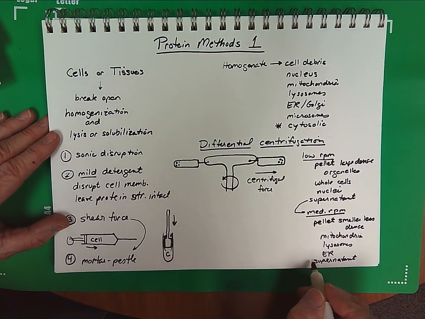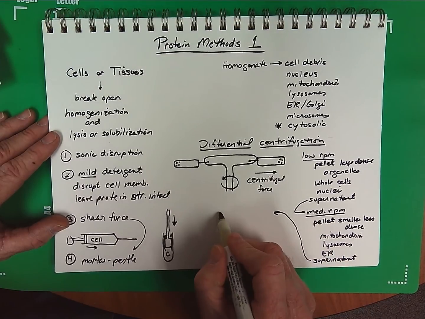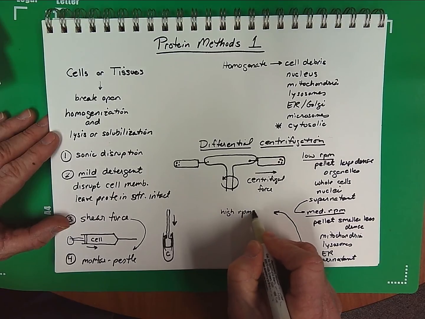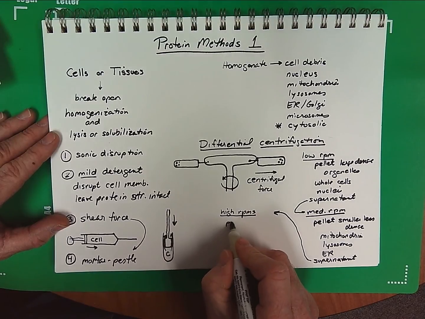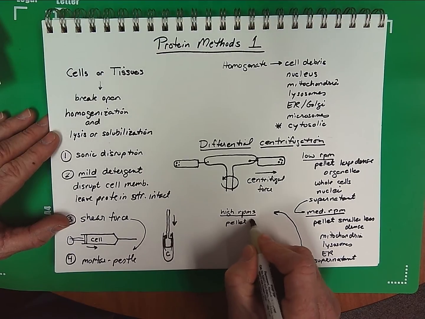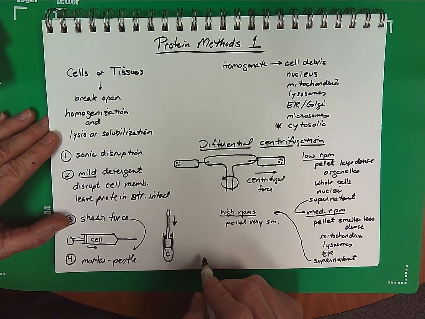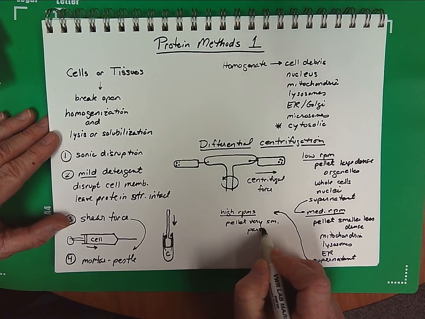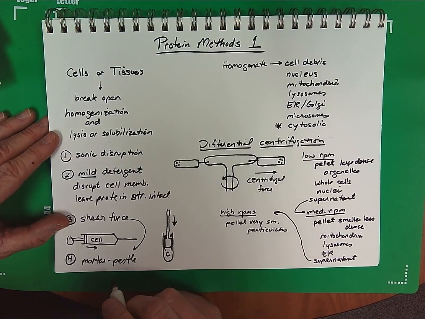The next thing we can do is take this supernatant and subject this to high RPMs. This will pellet very small, less dense particulates, and what are examples of these?